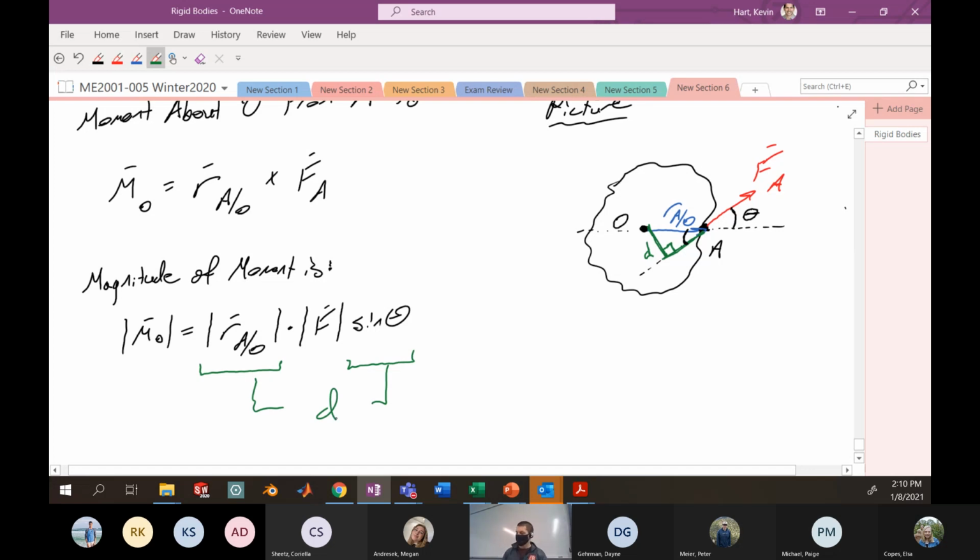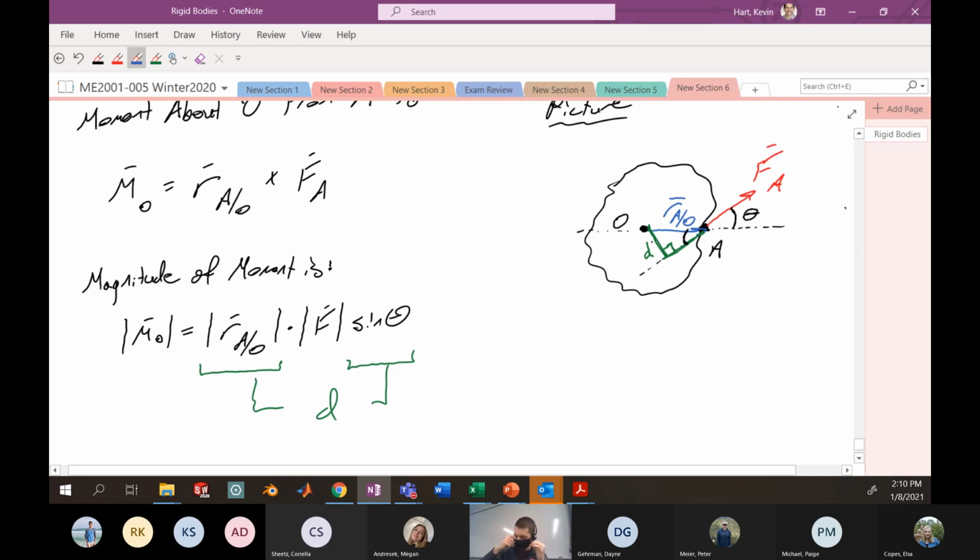If we look at our right triangle there, the magnitude of this particular vector, my position vector r_OA, is basically the hypotenuse of the right triangle that I've just created. And so the hypotenuse multiplied by the sine of the angle theta would give me this little d here.